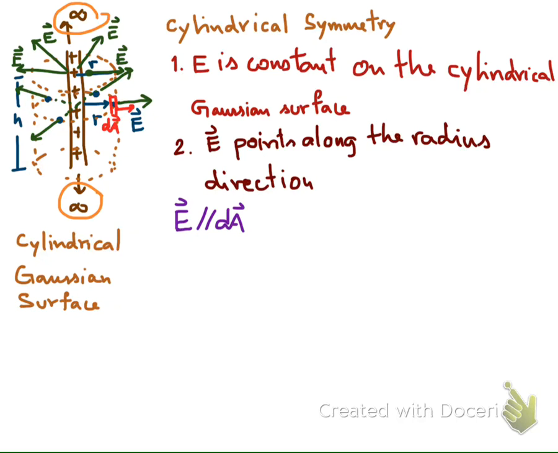You can see that on the top and bottom of the Gaussian surface, E is perpendicular to dA, because in this area the dA vector points upward like this, or the dA vector points downward like this.